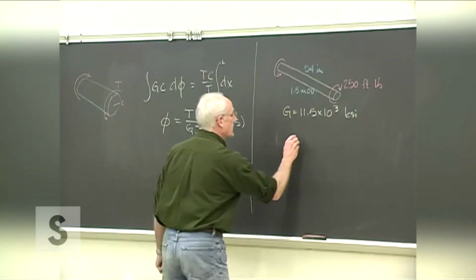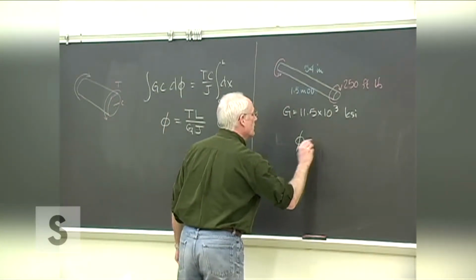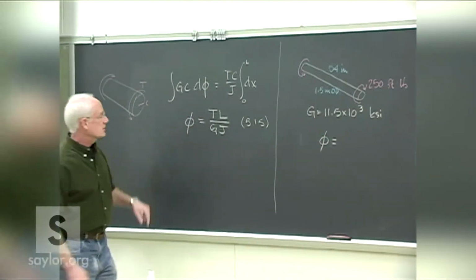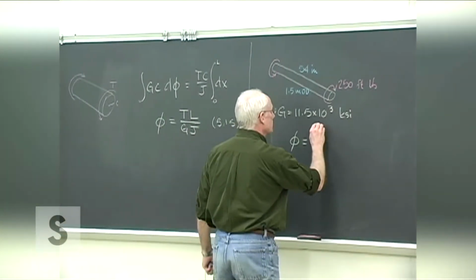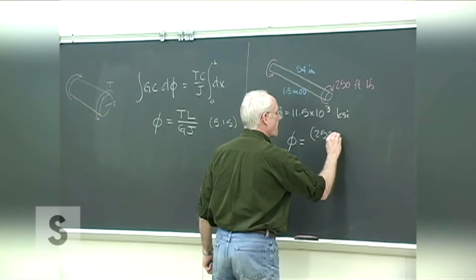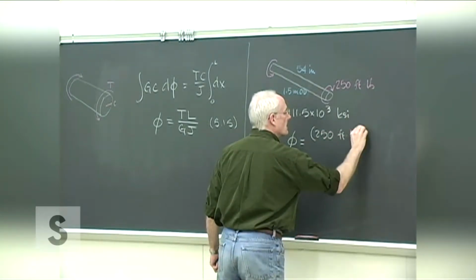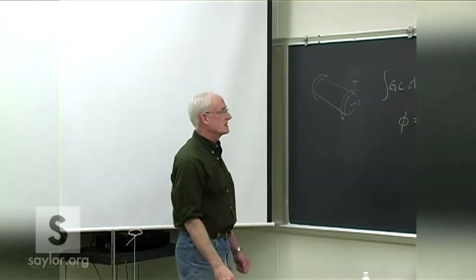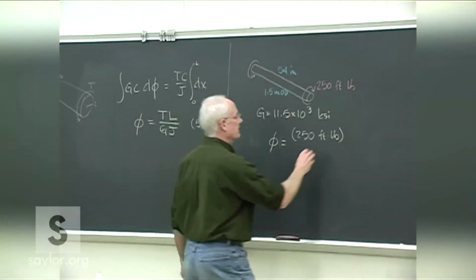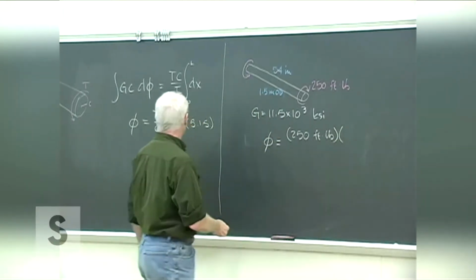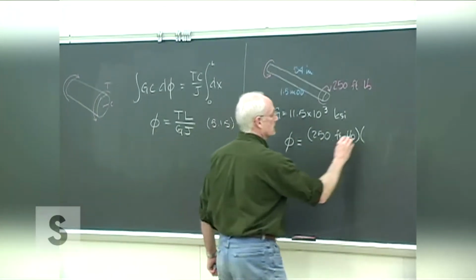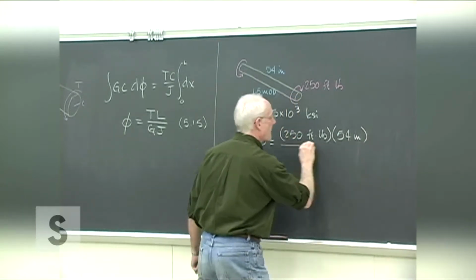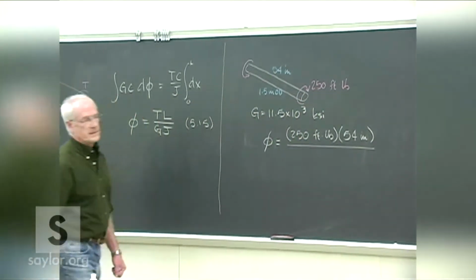So we can figure out then the amount of twist in the end. Now, we'll check the units as we go along to see what happens here. 250 foot-pounds. Now, everything else is in inches, so probably that needs to be converted to inches. Times the length of the piece, which makes sense.